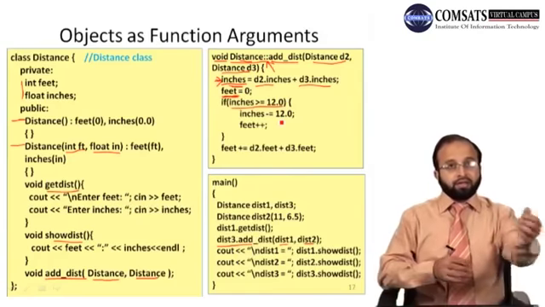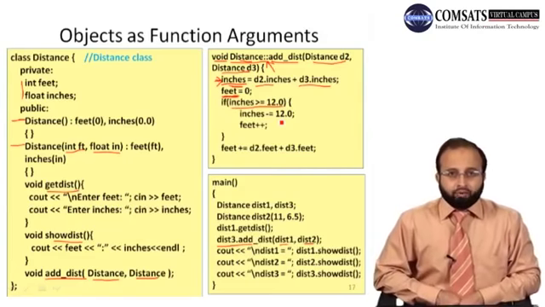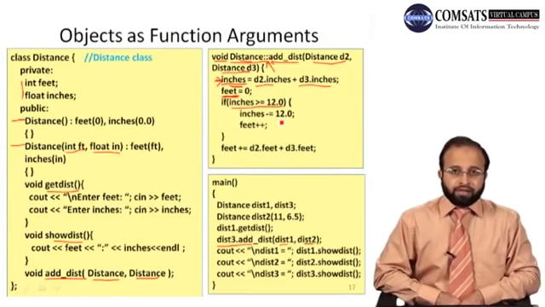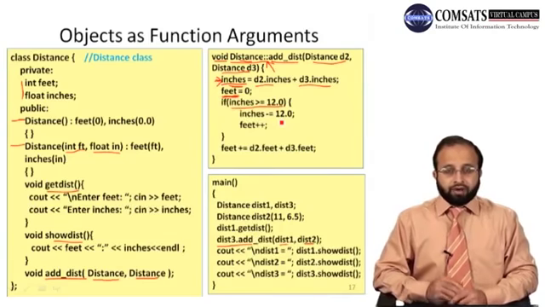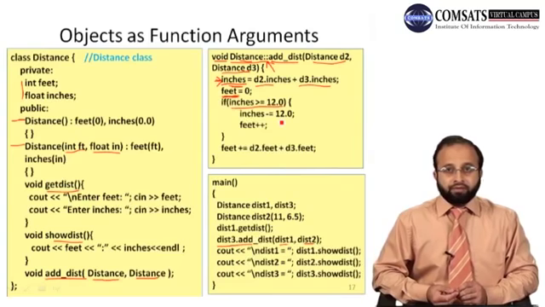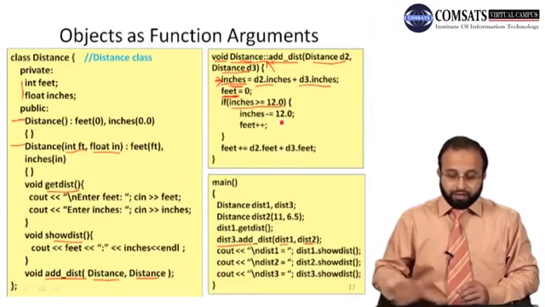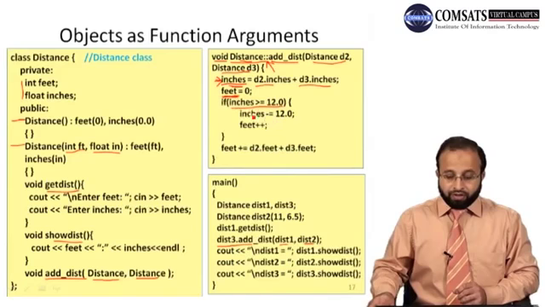So if the distance is, let's say, 5 feet and 14 inches, it doesn't look okay, right. So we can write 6 feet and 2 inches instead of 5 feet and 14 inches, right. So we're doing the same thing over here. We subtract 12 from the inches, we increment feet here, then we come outside the if statement.